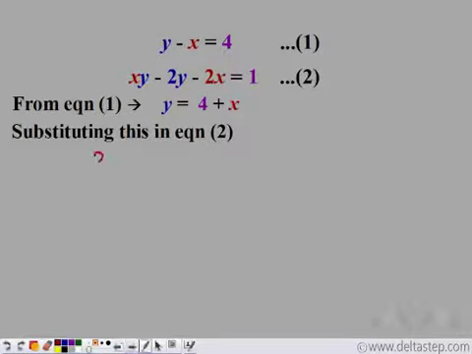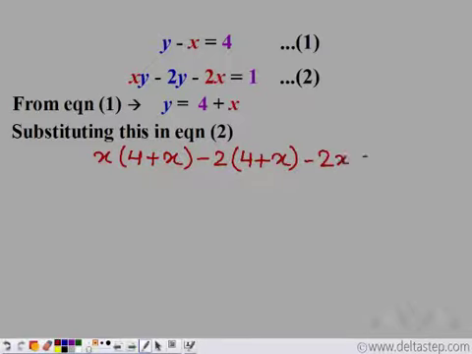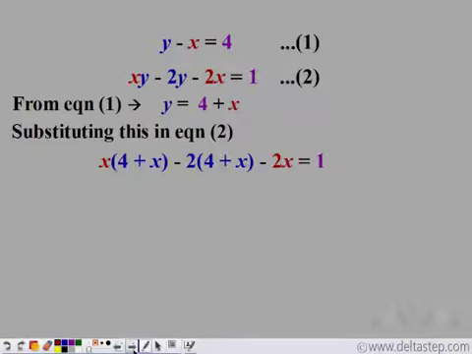So we have x into, in place of y, we write 4 plus x: x into (4 plus x) minus 2 into (4 plus x) minus 2x is equal to 1. So this is what we have.